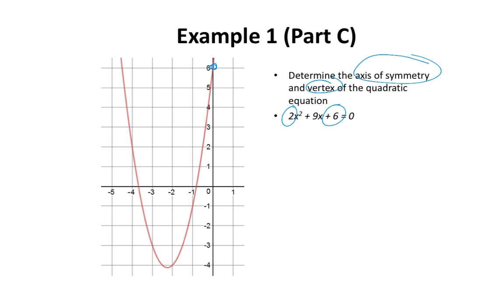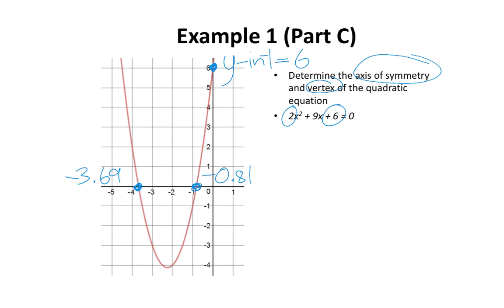And as you can see over here, the y-intercept is positive 6. According to the previous slide, the x-intercepts should be negative 0.81. That definitely looks very close. And the other x-intercept should be approximately negative 3.69. And again, that looks pretty close.